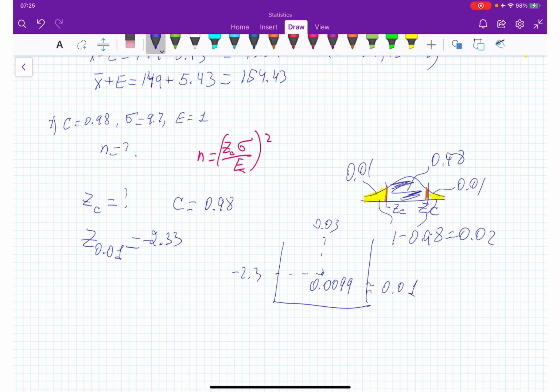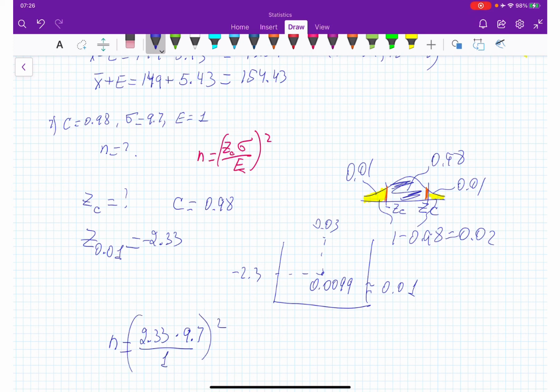So let's apply for n now. What do we have? Positive 2.33 times sigma, 9.7, divided by 1, and all this squared.